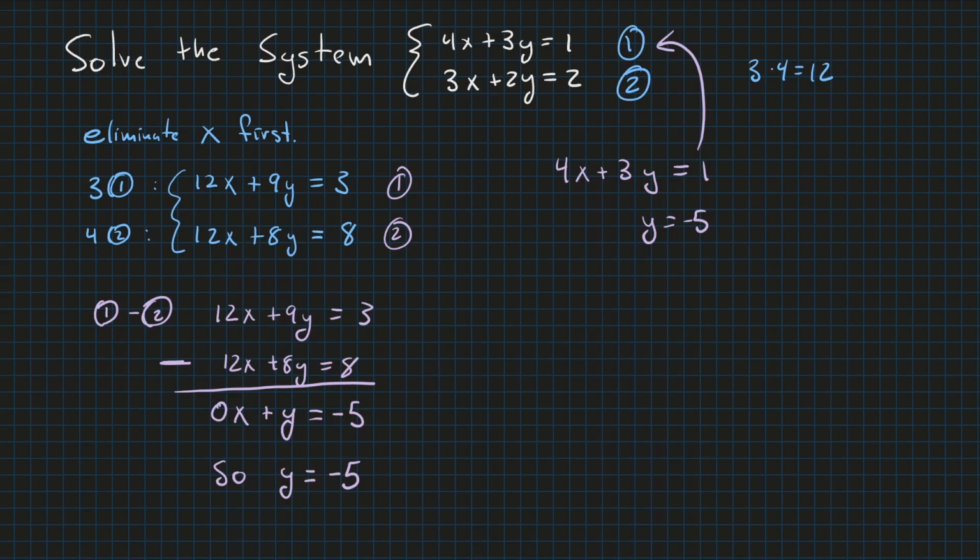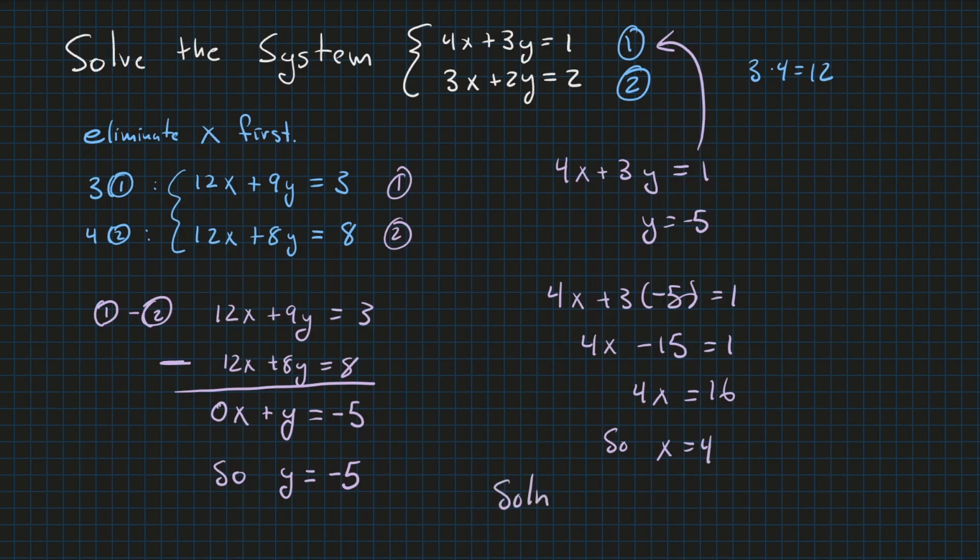So plugging in using substitution, we have 4x plus 3 times minus 5 is equal to 1. So 4x minus 15 is 1. 4x is equal to 16. So then x is equal to 4, which gives us our solution as 4 comma minus 5.